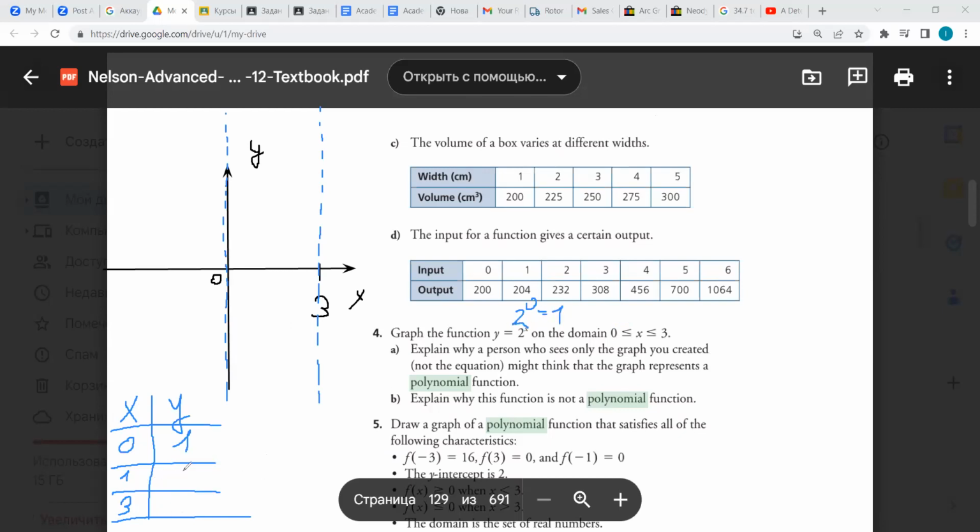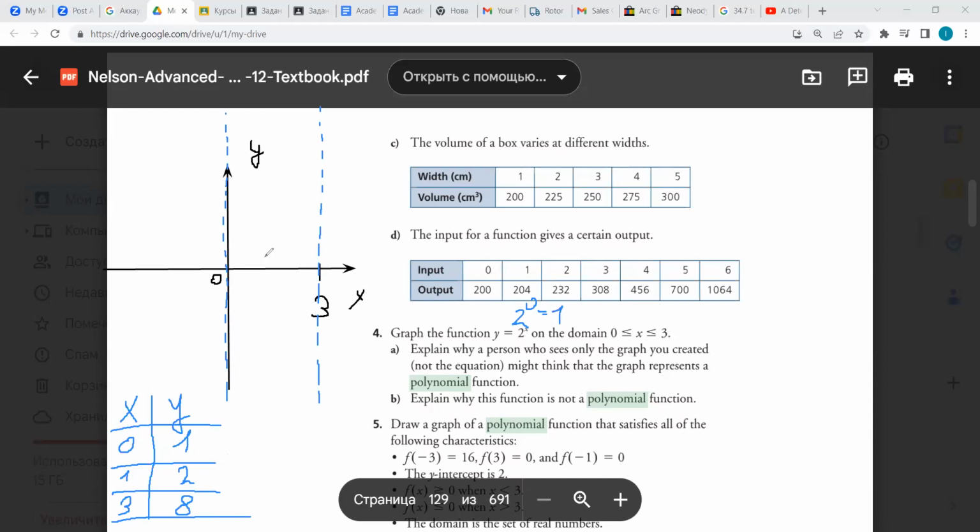And when x equals 1, y would be 2. And if x equals 3, y would be equal to 8. Am I right? 2 to the power 3, it's 2 times 2 is 4, times 2 is 8.